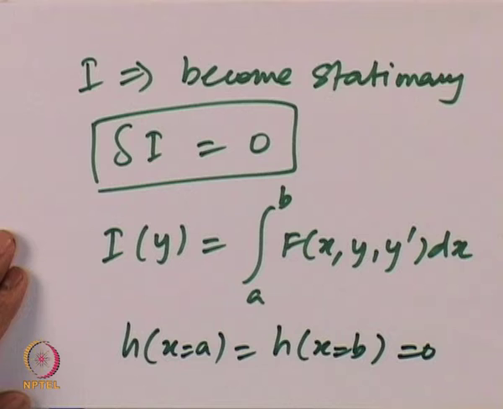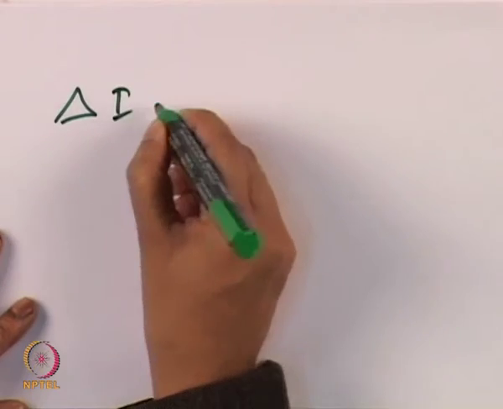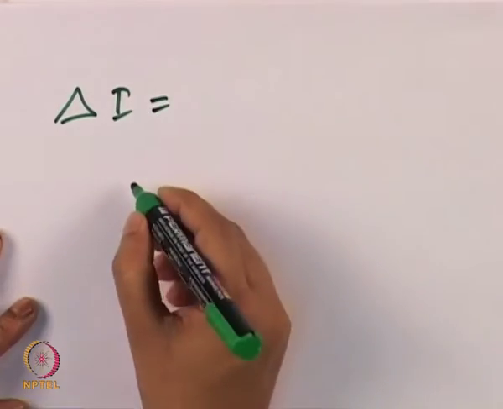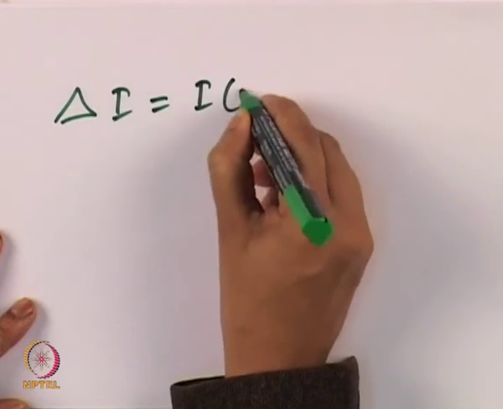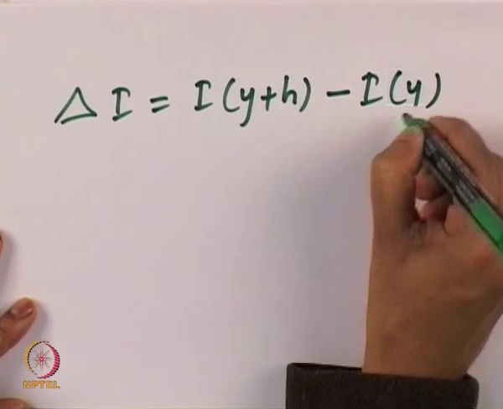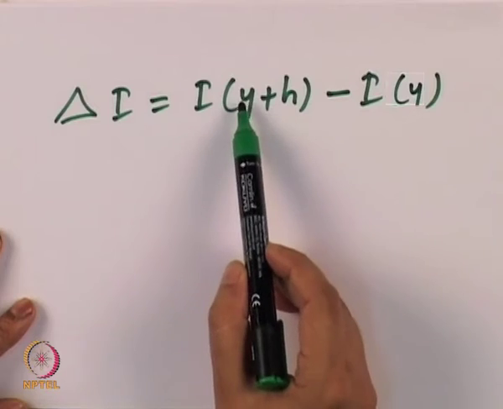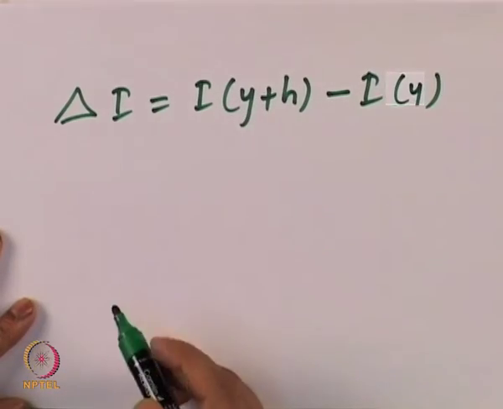With that being said, we can now write what we are interested in to compute the integral itself. We are doing an incremental change in I that is going to be equal to I of y plus h minus I of y. So we say that it is going to change only in y, and we write it like this.